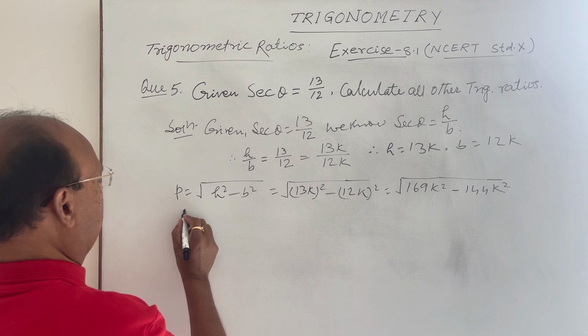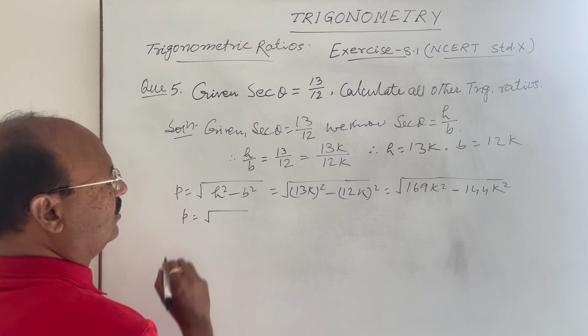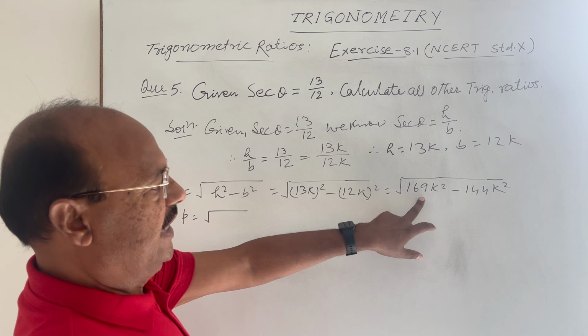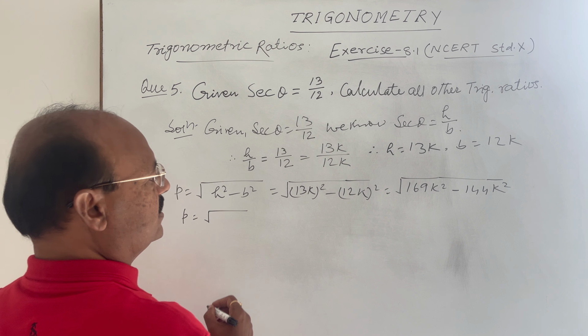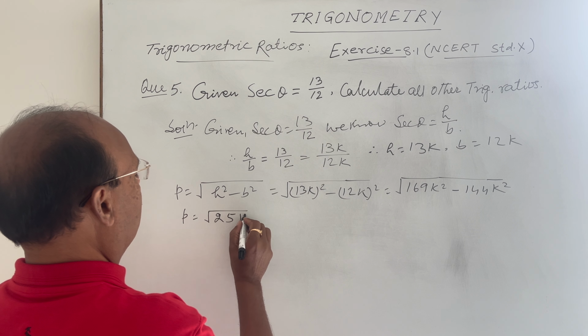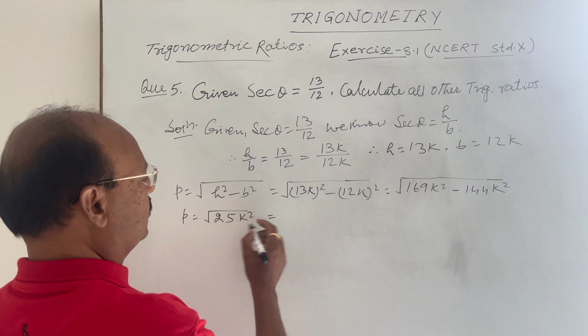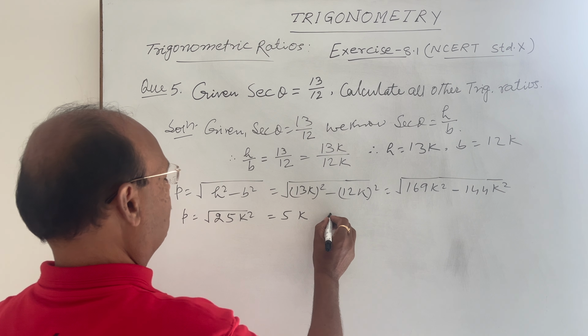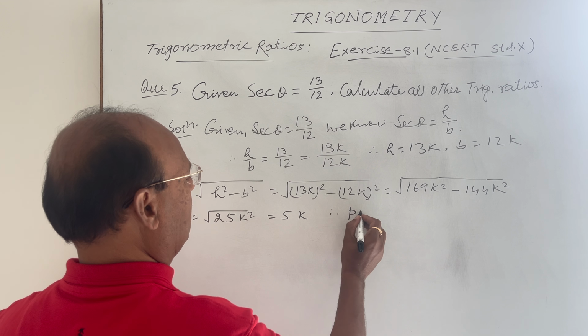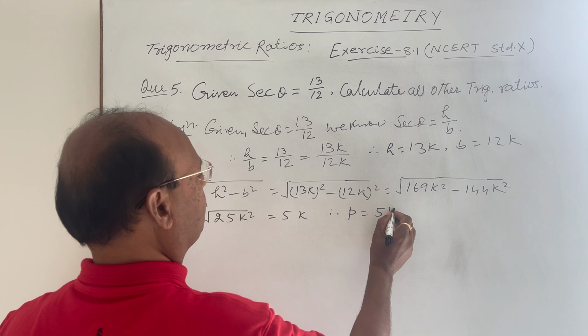And p is equal to how much? 169 minus 144, this is equal to 25k square, and 25k square, its square root is 5k. So therefore we are getting value of p is equal to 5k.